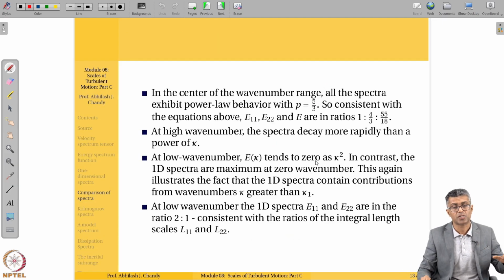So, consistent with the equations above, E11, E22 and E are in the ratios 1 is to 4/3 is to 55 over 18.